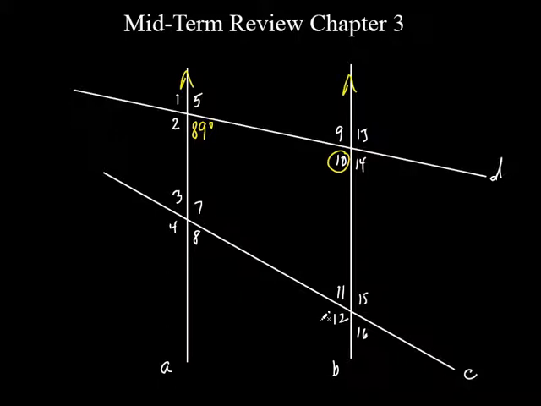They add to 180. They're supplementary, aren't they? So what's the math involved to solve for angle 10? It's 180 minus 89, and that's what, 91? Is that right? 91? Okay. So that angle right there would be 91 degrees. We all right with that?